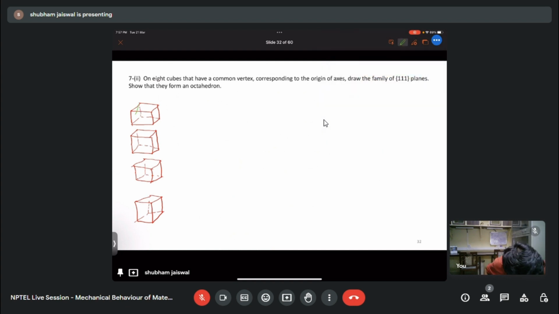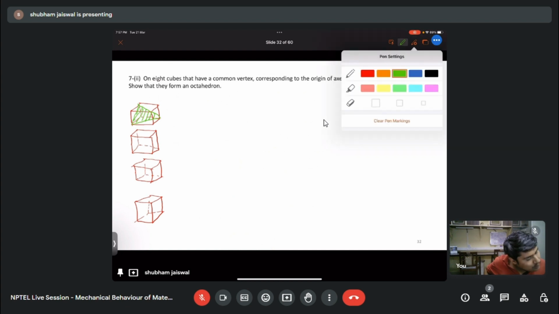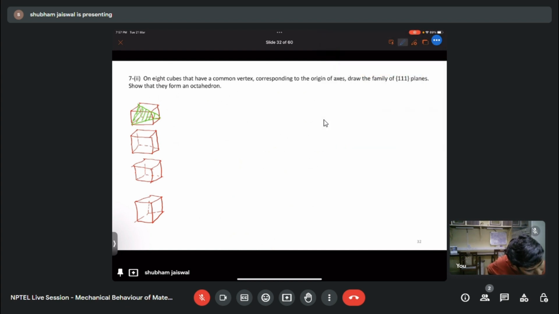Let's say this is my first 111 plane. Let's say this is my second 111 plane, this is my third 111 plane, and this is my fourth 111 plane.